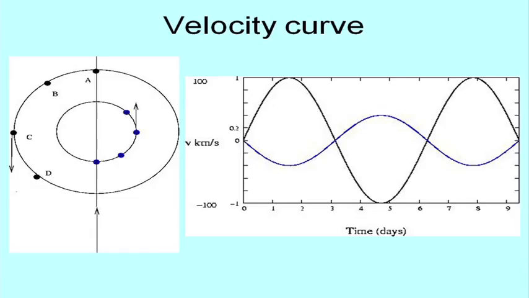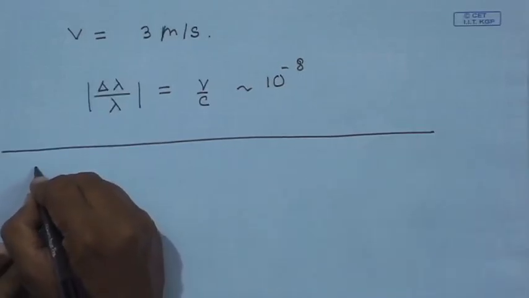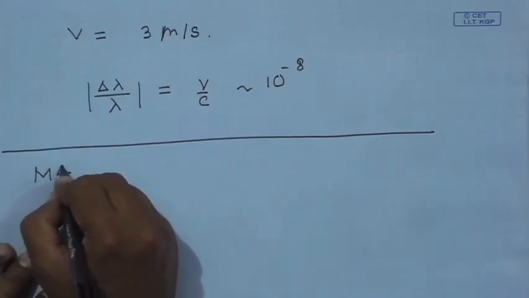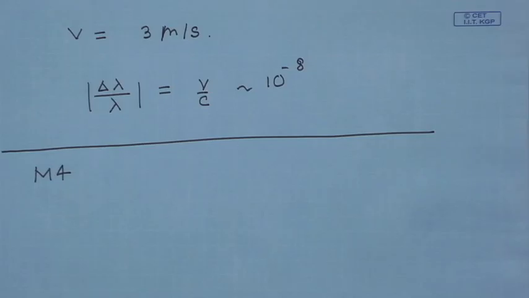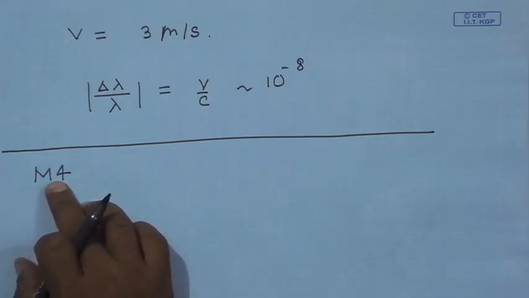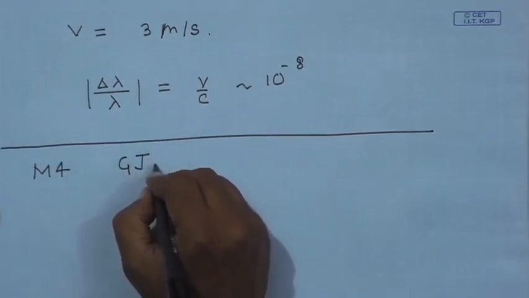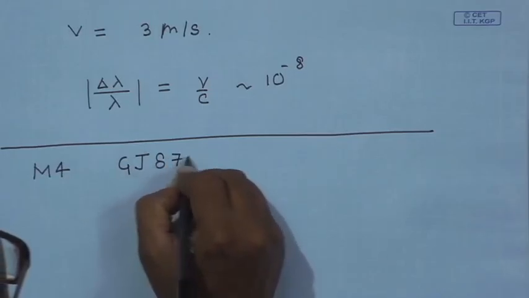Let me just mention an example of an exoplanet. There is a star. Stars are classified into different types, which we shall discuss later on in this course. There is a star of type M4, the star has the name GJ 876, this is the number given to the star.